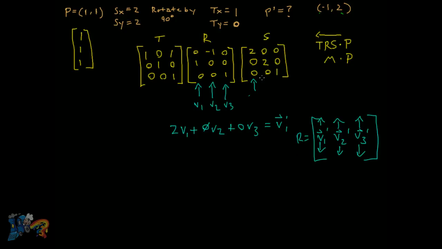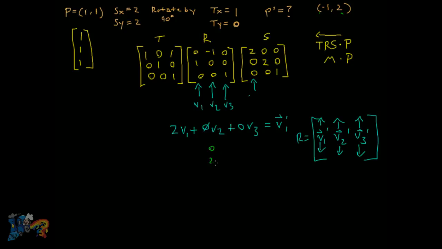One more time, each column of the result is simply the linear combination of the vectors on the left-hand side as column vectors, where the components of the column vector on the right-hand side represent the coefficients with which to multiply the vectors. So the first result is 2 times the first vector, and we're not picking up the second or the third. 2 times v1 is just 0, 2, 0.